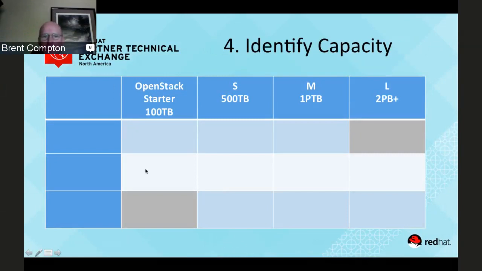Clearly, if you're designing a reference architecture for a 0.5 petabyte solution, then it's probably not going to use big old dense 72 bay servers from a fault domain perspective. So identifying the capacity has significant ramifications for the fault domain, and so that's actually a good transition.